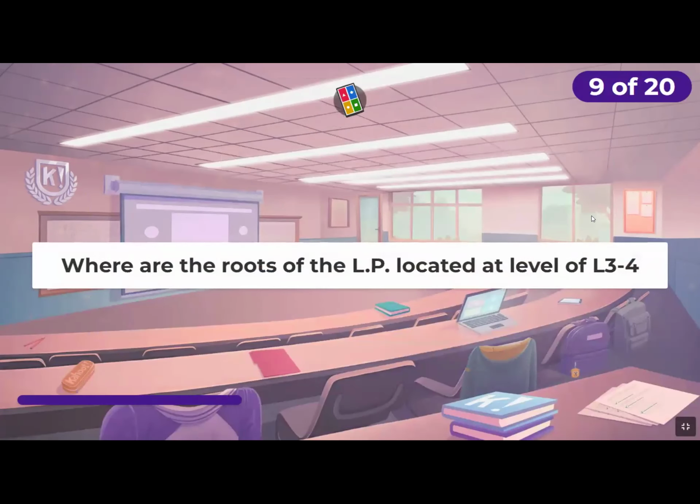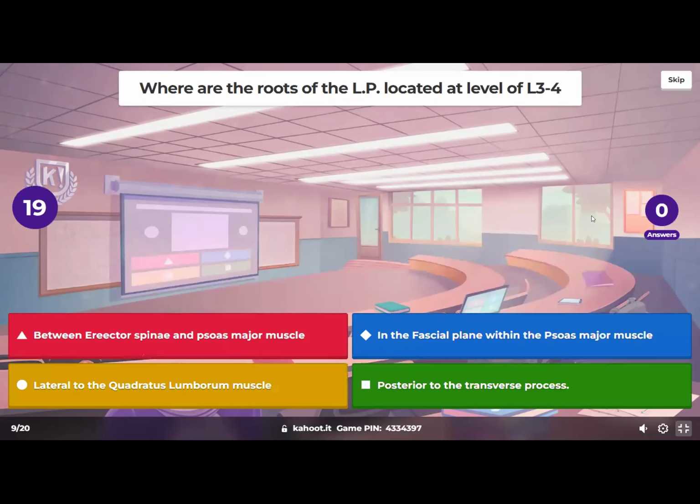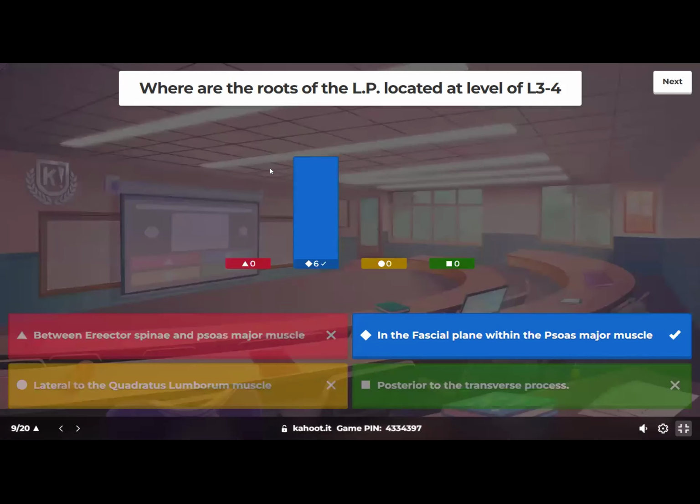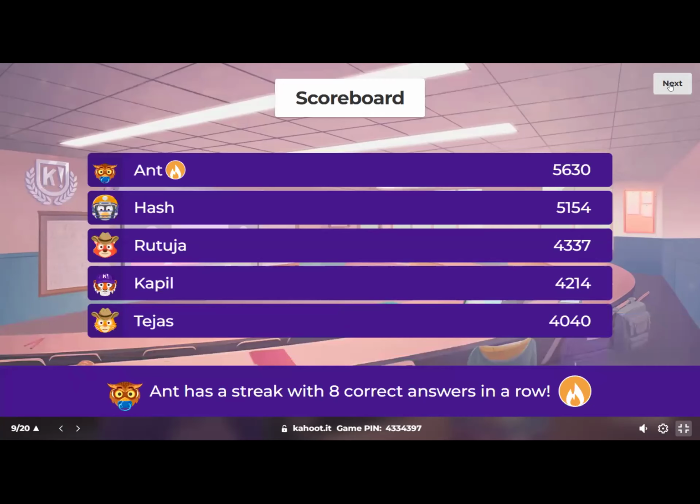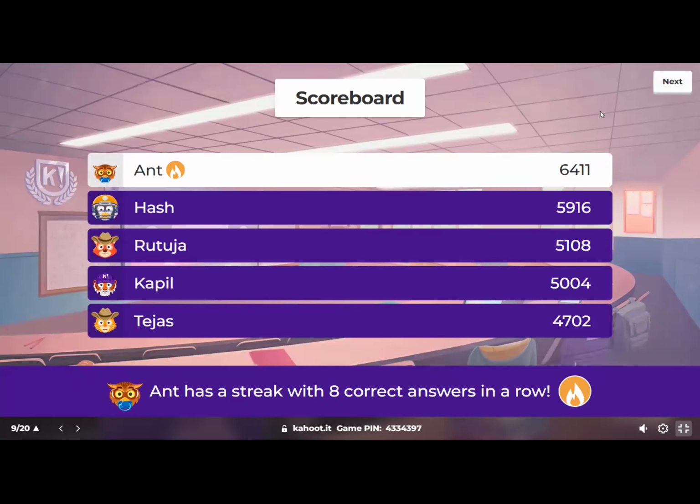Next question. Where are the roots of LP located at the level of L3, L4? I think again a simple one. Yes, this time I have made a very simple quiz. So again Ant is leading.